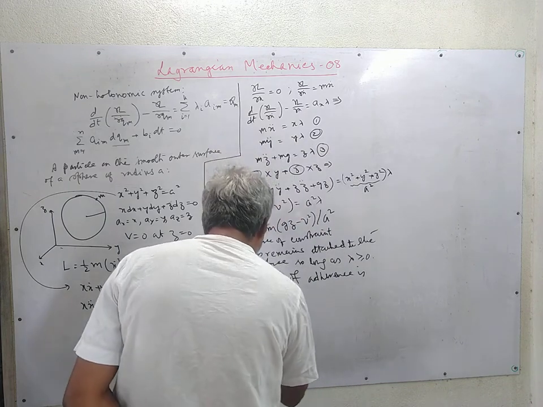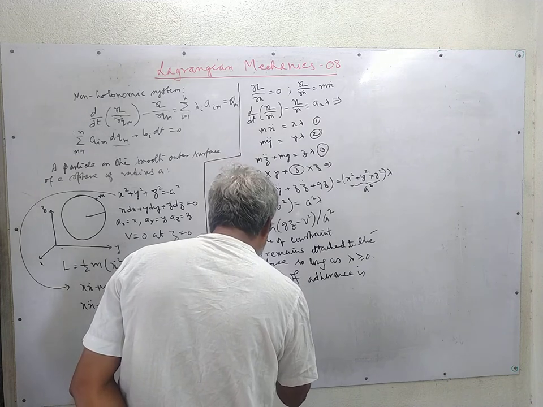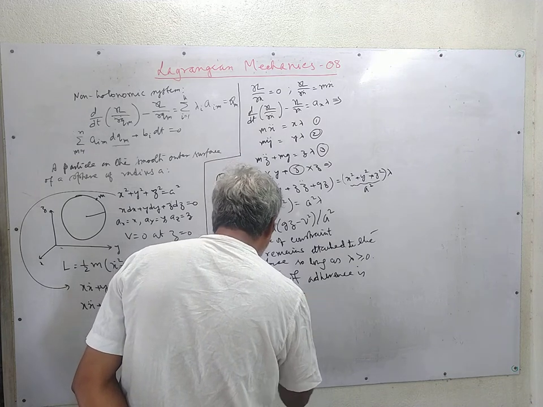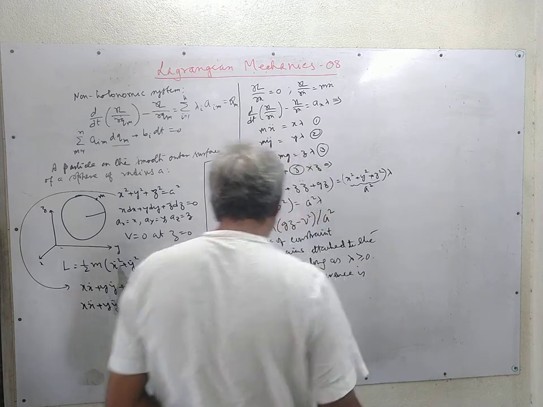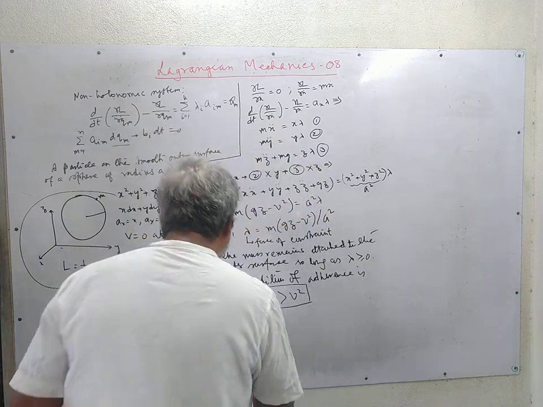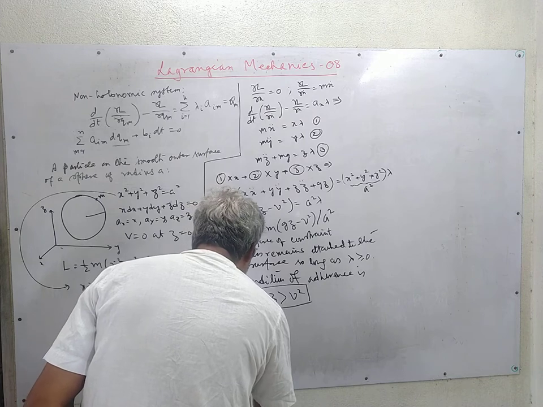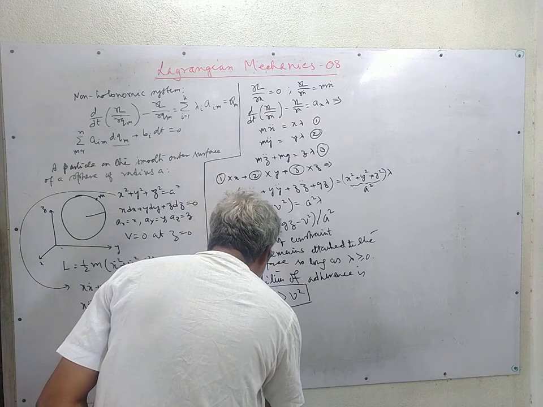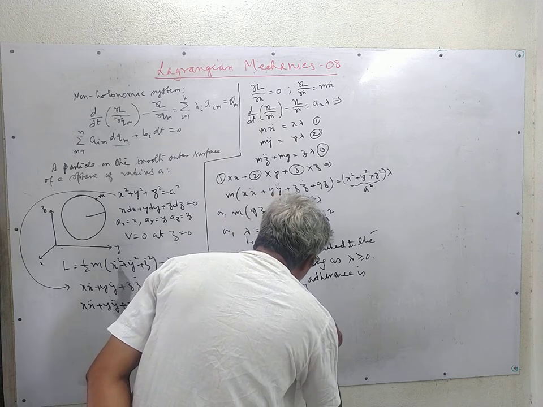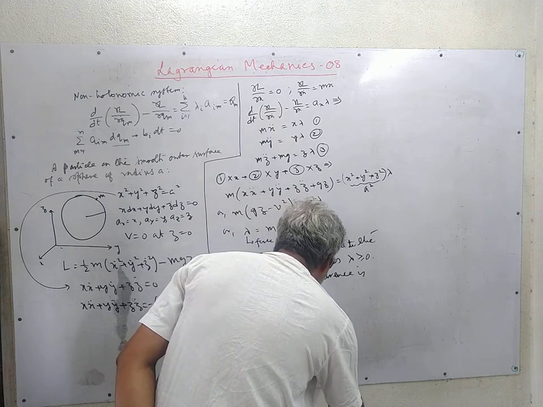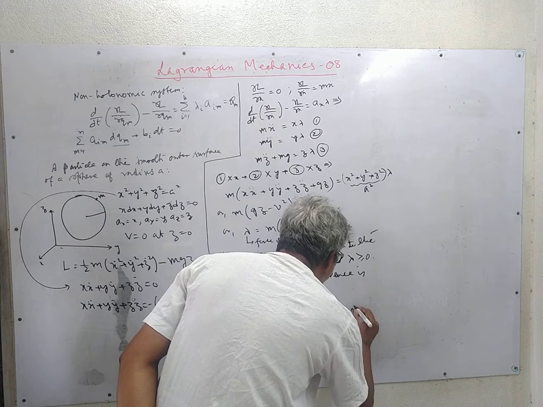is gz must be greater than or equal to v square, and the critical value is gz equal to v square.